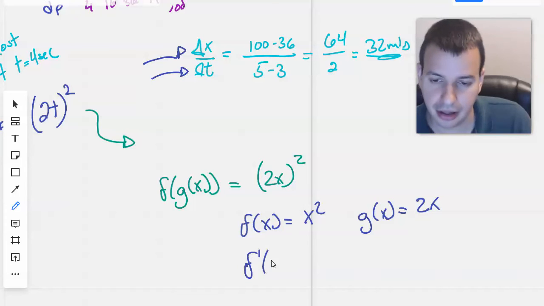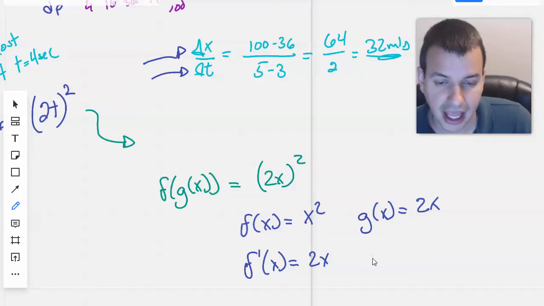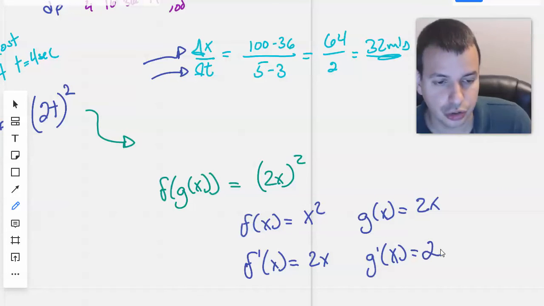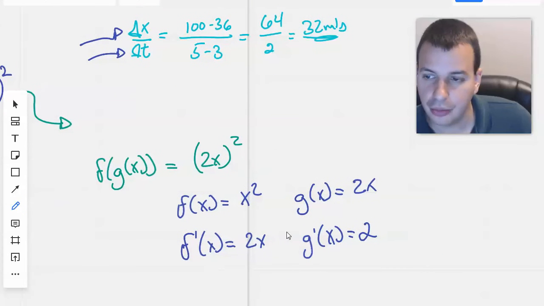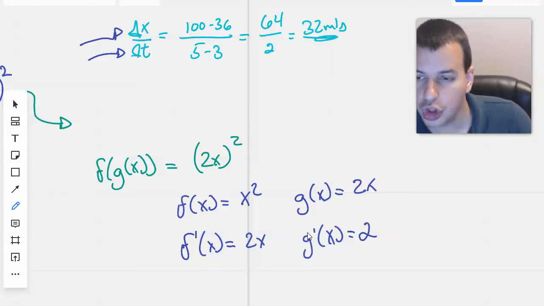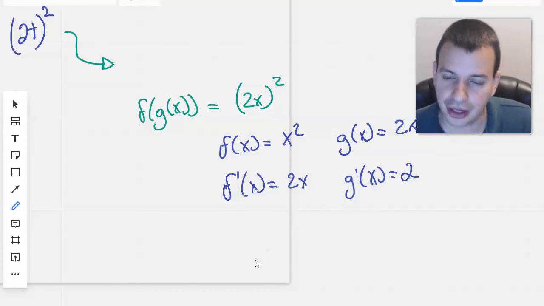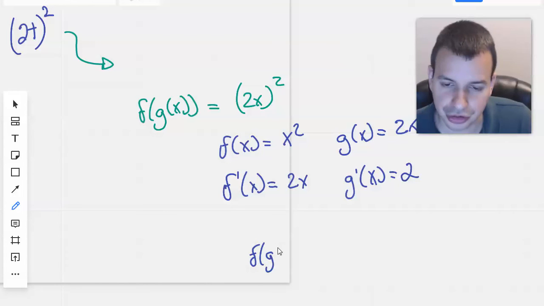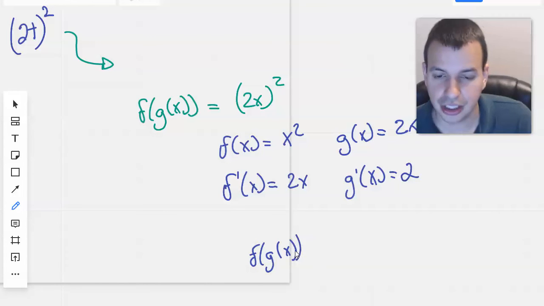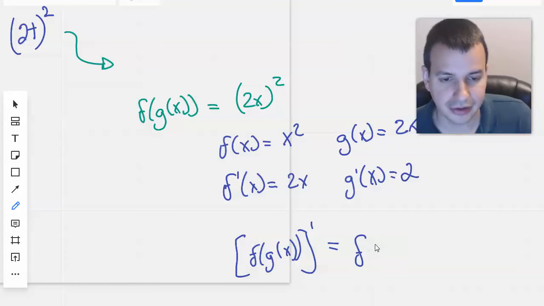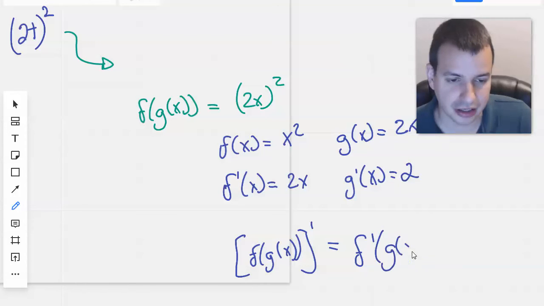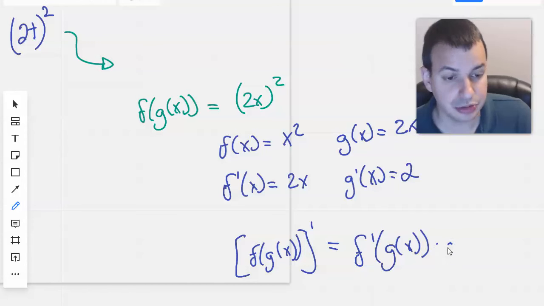F prime of x would be, this is just the power rule, so we can do this, and g prime of x would equal 2. And we know from the equation that I just stated earlier without proof or real justification, the chain rule is f prime of g of x times g prime of x.